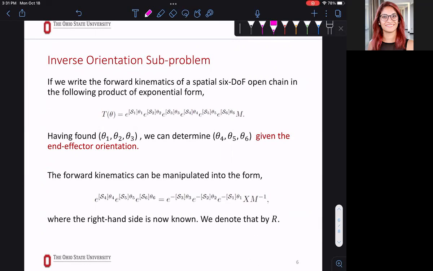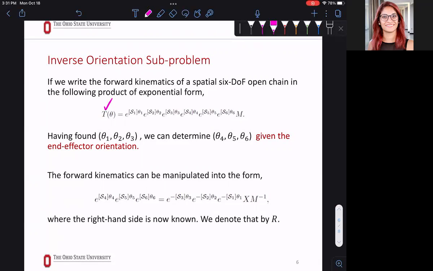Now, if we write the forward kinematic expression for this, let's say with POE, you can also use a DH table; it doesn't matter. For the kinematics, we have T of theta, the transformation of the end effector, for which we have all the information because the end effector position and orientation are given.